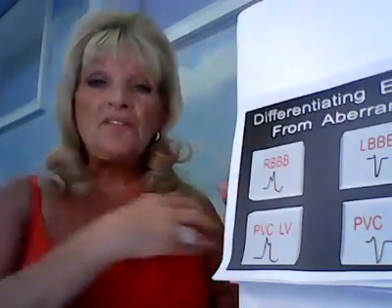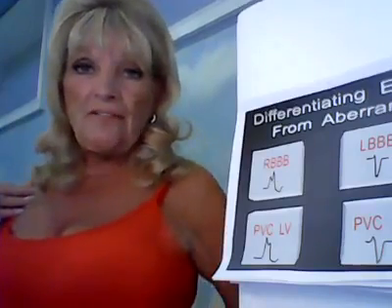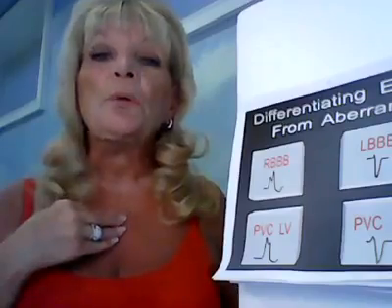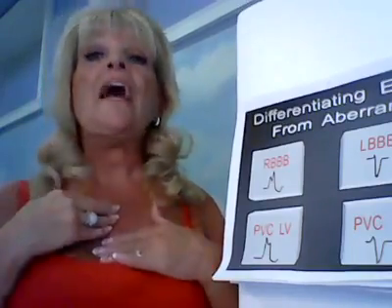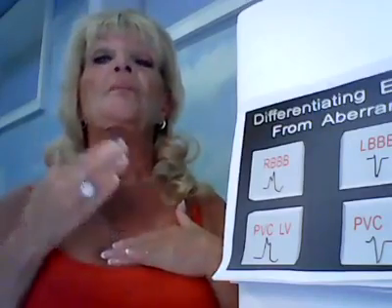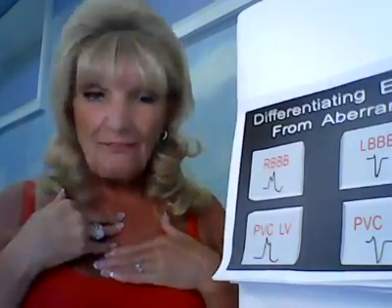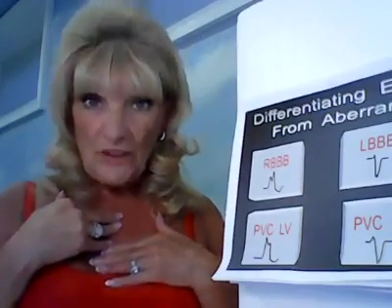So if you have a 3-sticky system, the sticky on the right arm is negative, the sticky on the left leg is positive. I take the negative sticky, I put it on the sternum. I take the positive sticky, I put it on the sternum. I now have 2 stickies on my sternum, negative, positive. And this is a Lewis lead. It gives you the same configuration as a V1 or an MCL1 lead.